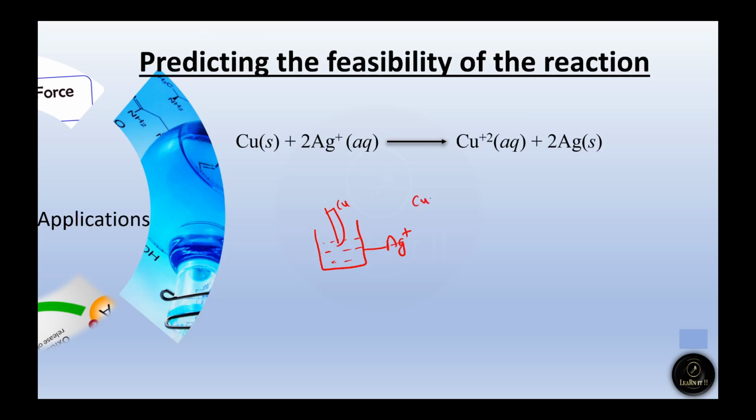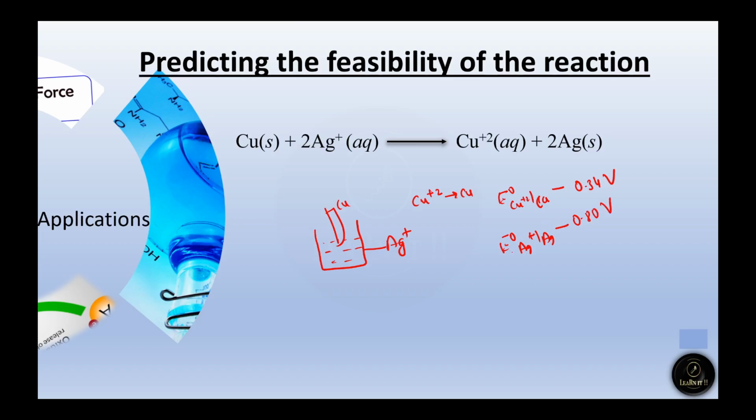We know that Cu2+ to Cu can happen. That we know that E naught of Cu2+ to Cu has the value 0.34 volt. In the same way, E naught of Ag+ to Ag has the value 0.80 volt.